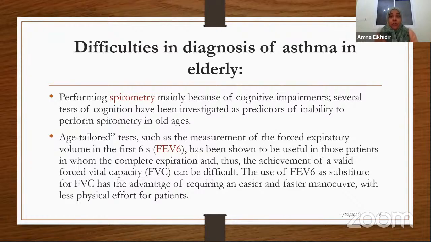Like we can use the forced expiratory volume in the first 6 seconds instead of forced vital capacity, because as I said earlier, the forced vital capacity in the elderly population has decreased, so we can use the forced expiratory volume in the first 6 seconds to diagnose asthma.